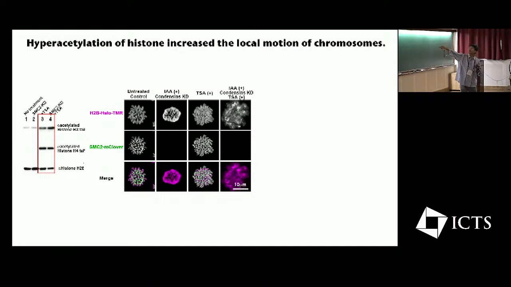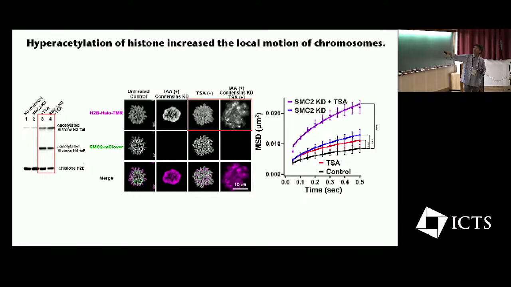Knockdown of condensins induced condensed but abnormally shaped chromosomes. TSA treatment increased nucleosome motion, but the double treatment induced a really striking increase. The nucleosome motion is really upregulated, much higher than the interphase level.